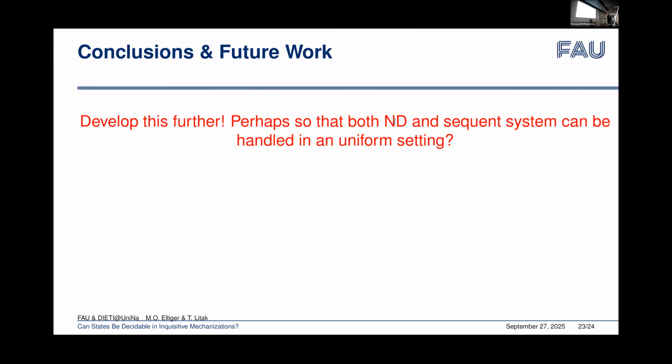As I said, there are lots of specific challenges and questions in the abstract, but I would say that all of them boil down to one single point, that we should develop this further, and in particular be able to handle this natural deduction and sequent system in uniform settings. So, for example, show how on earth one can derive those weird signature-dependent cardinality axioms of Church regularity in our labeled sequent system.